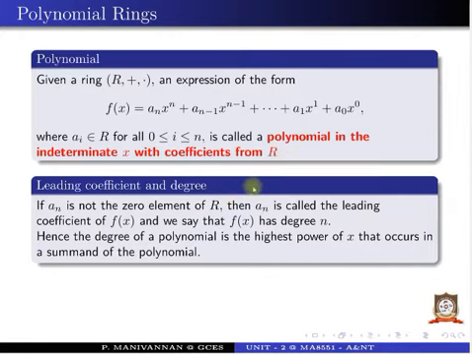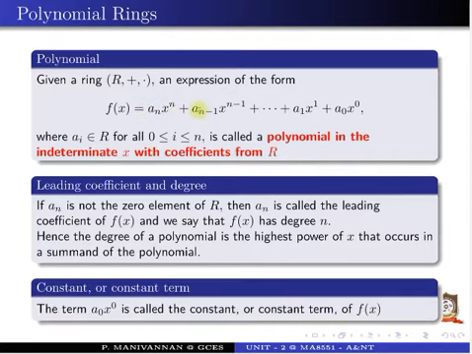The coefficient of x power n, that means a n, is called the leading coefficient. We say that f of x has degree n. Hence, the degree of the polynomial is the highest power of x that occurs in the summands of the polynomial. An is called the leading coefficient, n is called the degree.